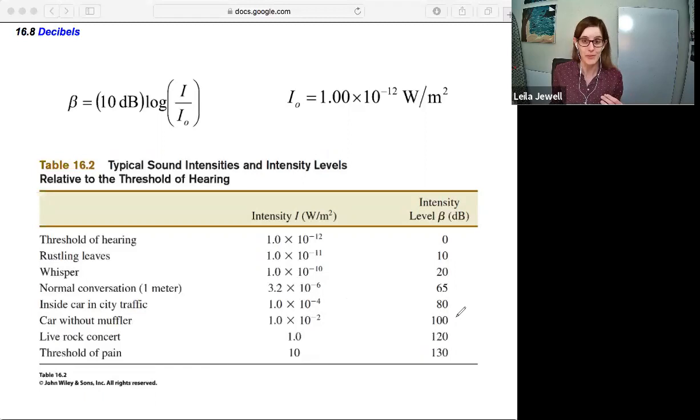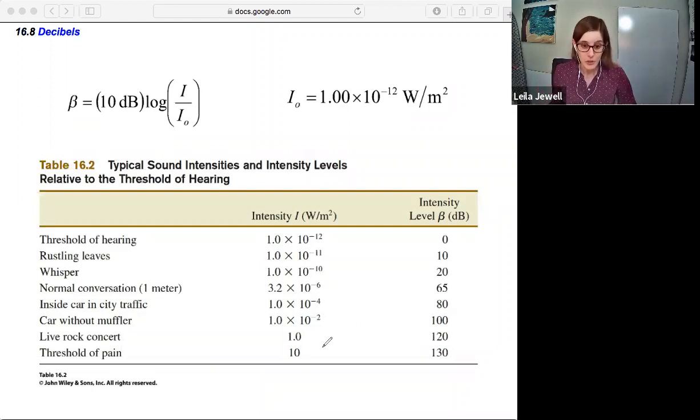That's pretty loud. Here's where it really gets interesting. When your intensity is 1 watt per meter squared or greater, like a live rock concert, that's an intensity level of 120 decibels. And that's where, if you have sustained exposure to that intense sound level, you're going to start to have hearing damage.